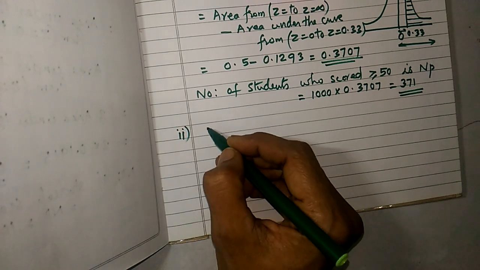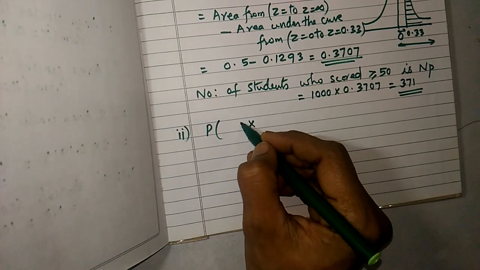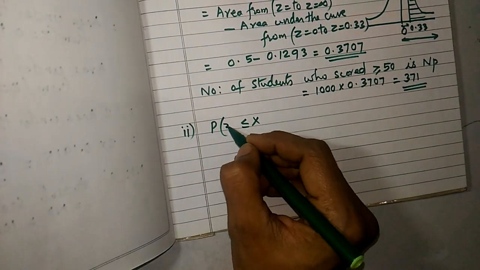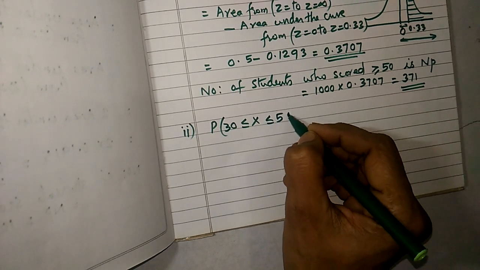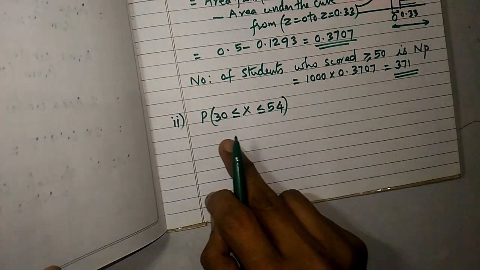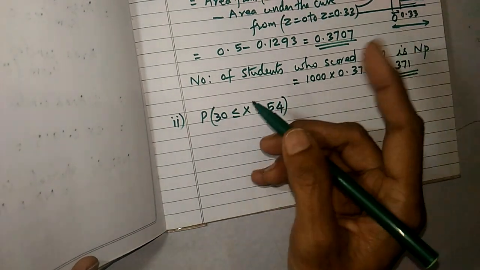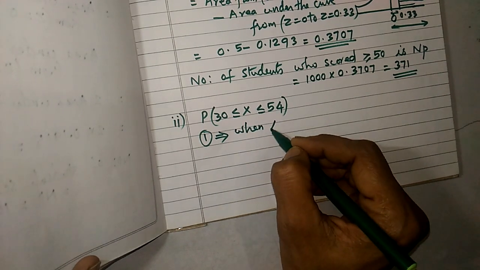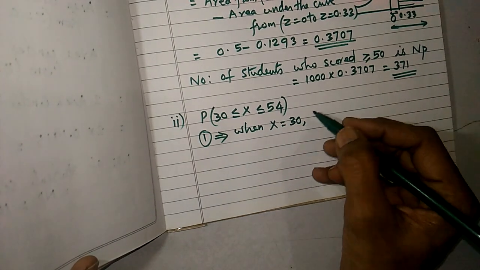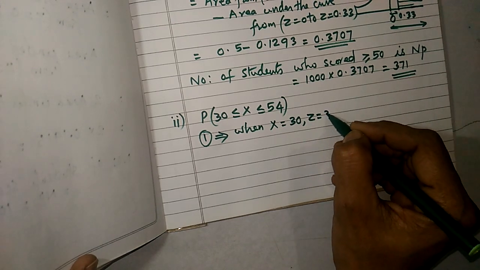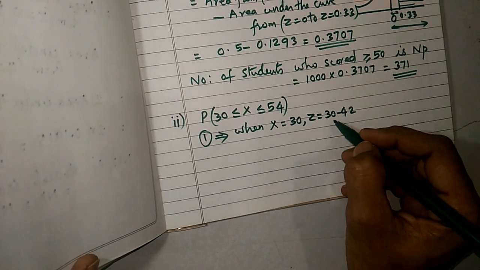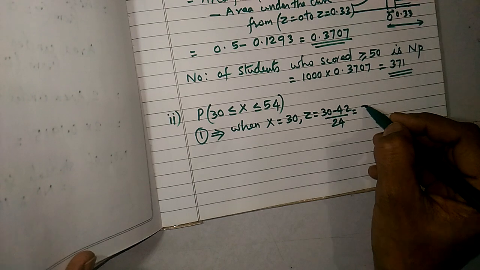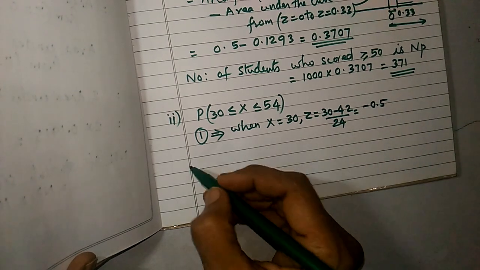Now the second part, the probability that x lies between 30 and 54. So here also we need to convert this x into z. From equation number 1, when x is equal to 30, z is equal to (30 minus 42) divided by 24, which is equal to minus 12 by 24, that is minus 0.5.